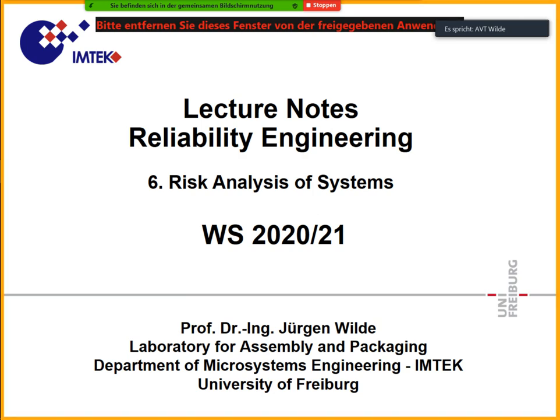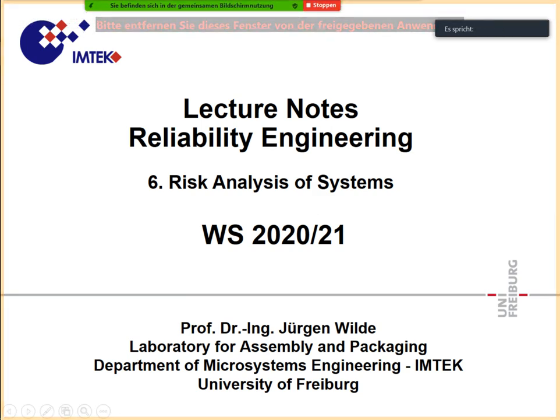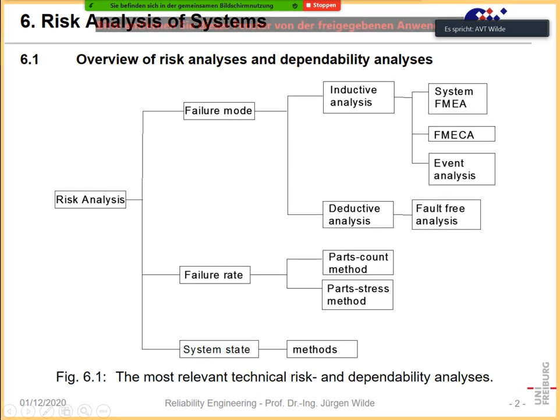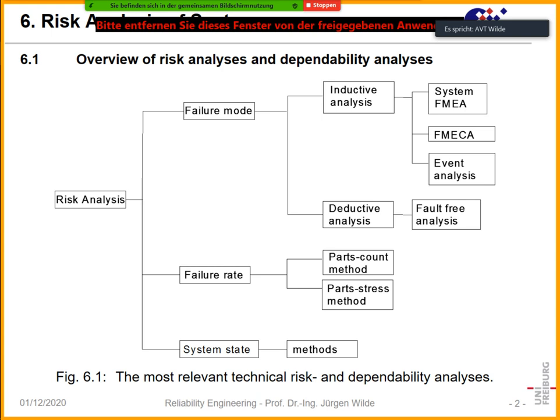For instance, we have to know if the system is safe. And so one of the most important analyses we can find is so-called risk analysis. What is that? For that we must recall what risk is.